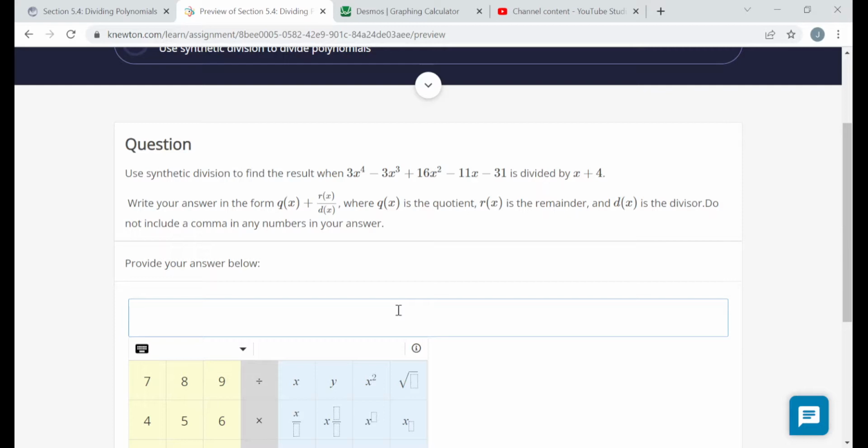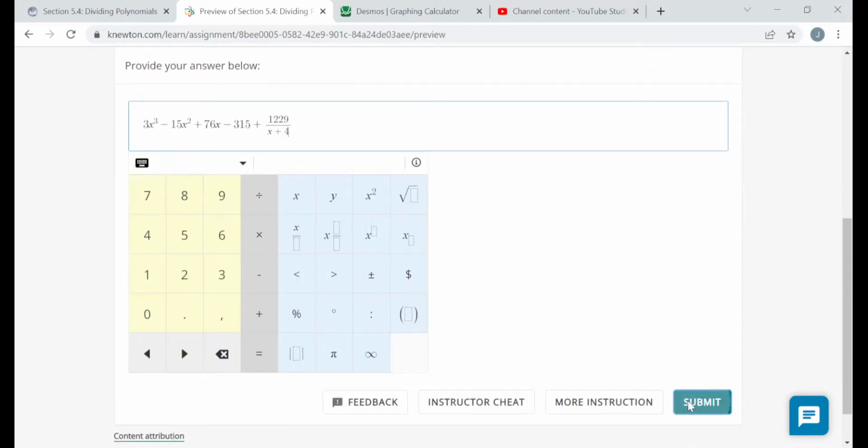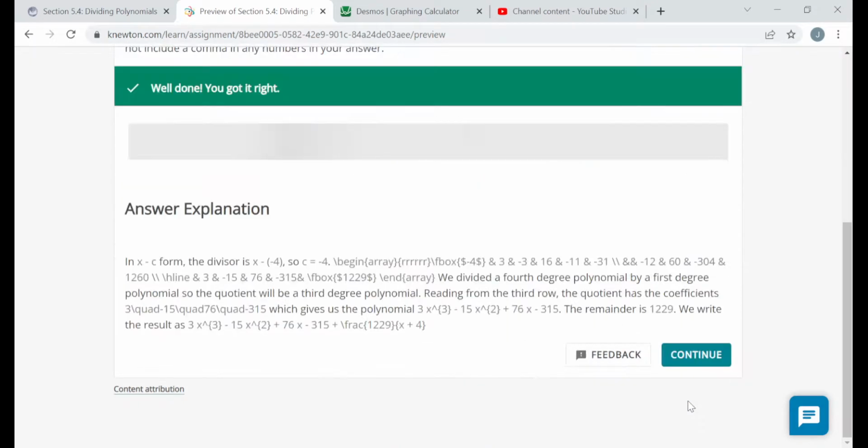So the quotient, 3x cubed minus 15x squared plus 76x minus 315 plus some fraction with the remainder 1,229 over the divisor, x plus 4. And submit. That should be good. Excellent.